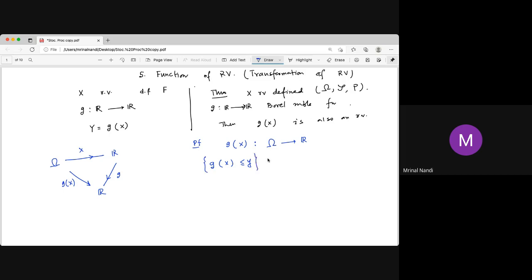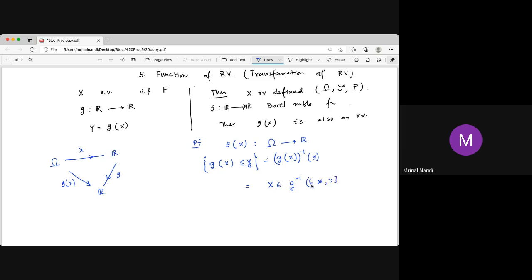So we write this notationally as g inverse. So for y, (g(X)) inverse of y. This is a notation. So what is this? This is actually X belongs to g inverse of minus infinity to y, closed interval, because less than or equal to.